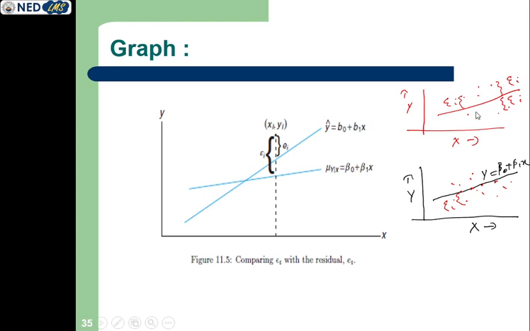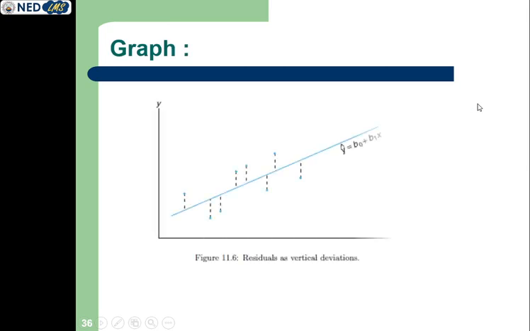So we are going to minimize this residual, students, so that all points lie on the straight line. In this graph, we change the equation y equal to beta naught plus beta 1 x. Instead, we write y is equal to b naught plus b1x.